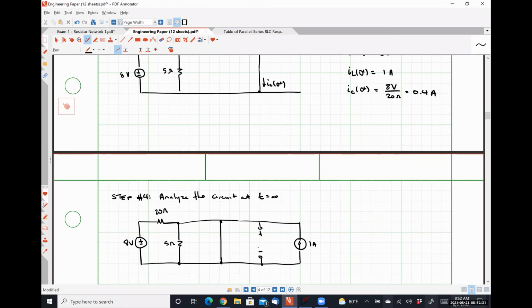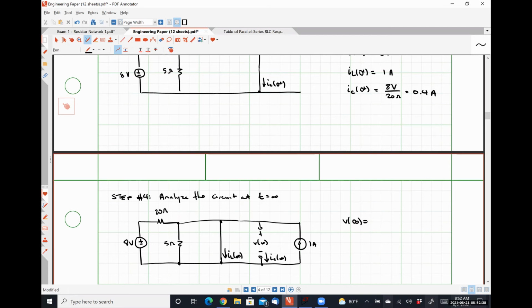This is my voltage, V at infinity. Here's my inductor current, IL at infinity. Here's my capacitor current, IC at infinity.